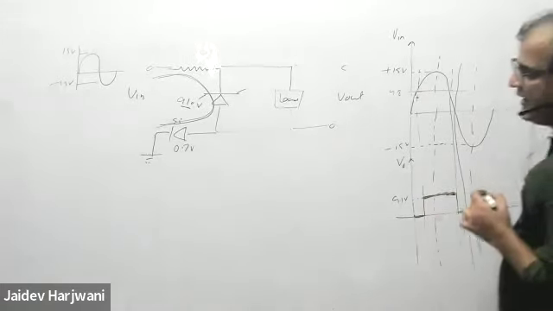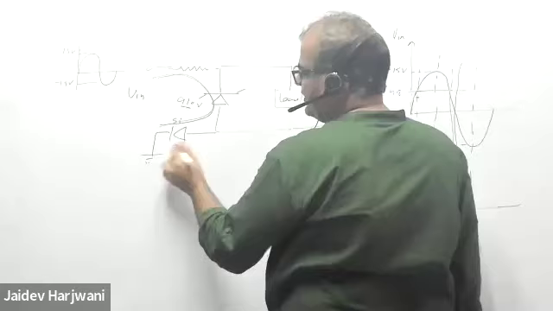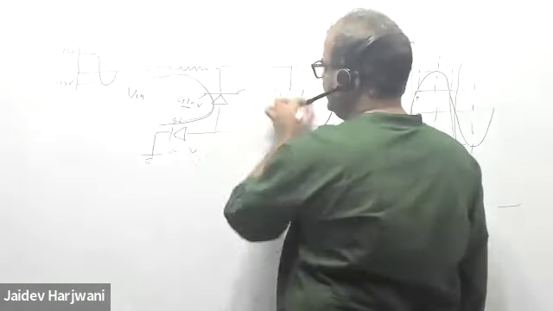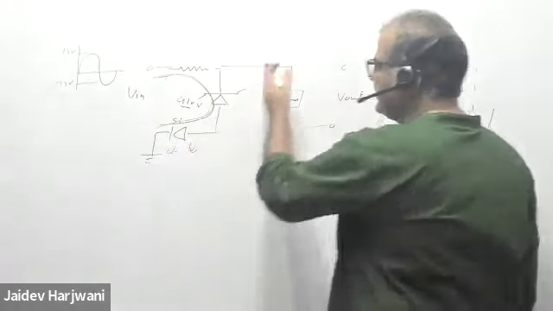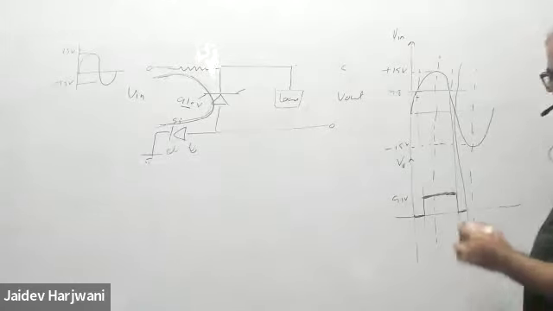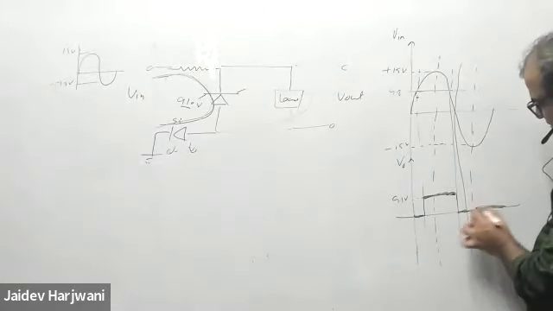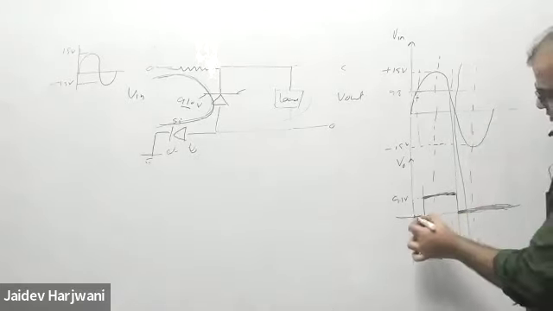And for the negative cycle, this diode is open, so current cannot flow. Here to here, anyway, current cannot flow. This is open, so you won't get any output here. That means for the whole negative cycle, you get 0.